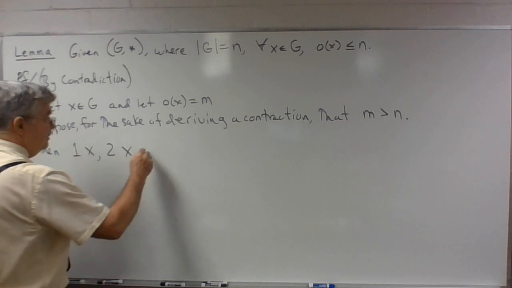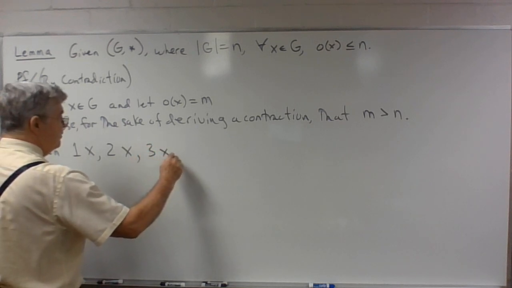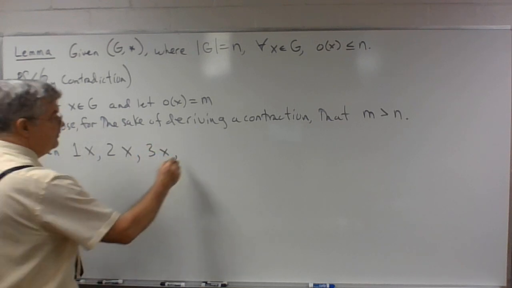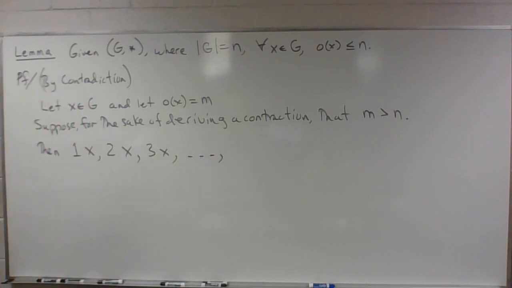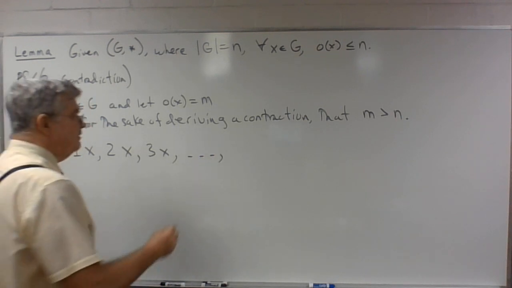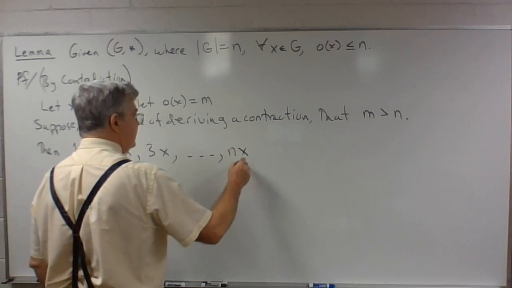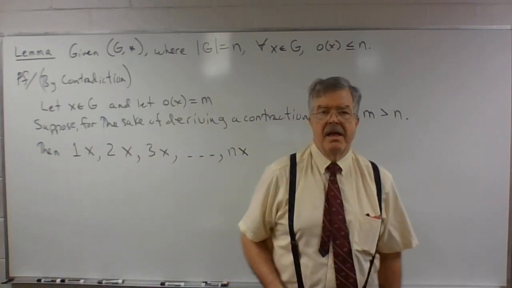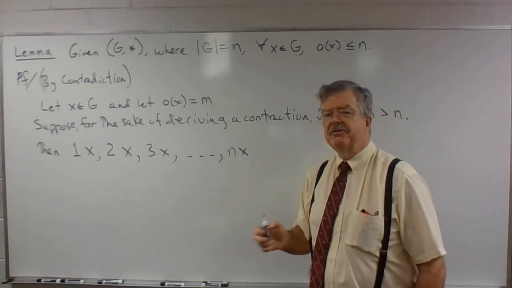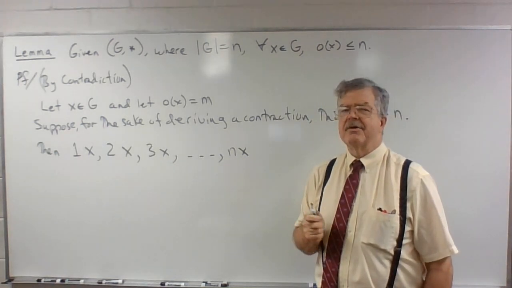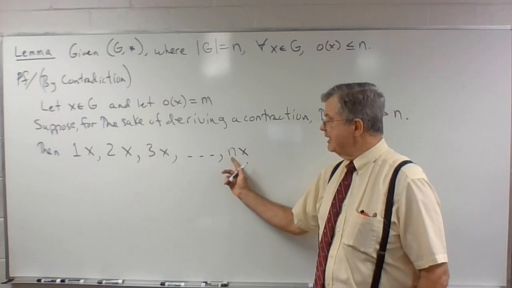If we add x to itself 3 times, we get 3x. And if we add x to itself n times, we get nx. And none of these guys are 0 because we're assuming that the order of x is larger than n.